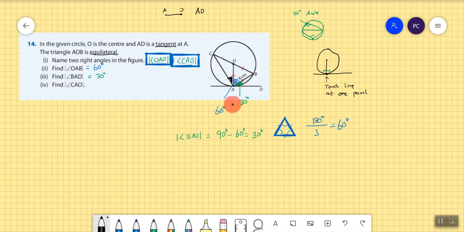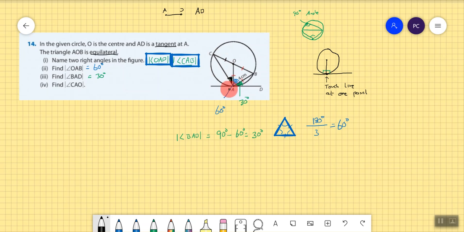And we have these two here. Let's see. There's a little bit of working out in this one. So we know that the length from here to here is equal, okay? So this length here from O to A will be equal to the length from O to C.